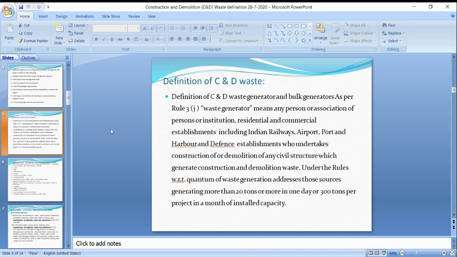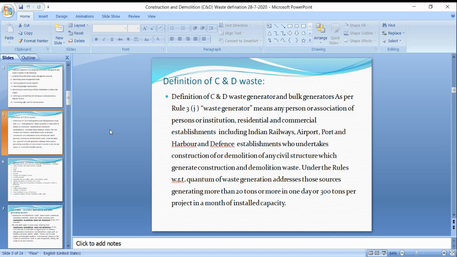So all of those will generate this waste. The construction, demolition, any repairs, any construction works will have this type of waste.